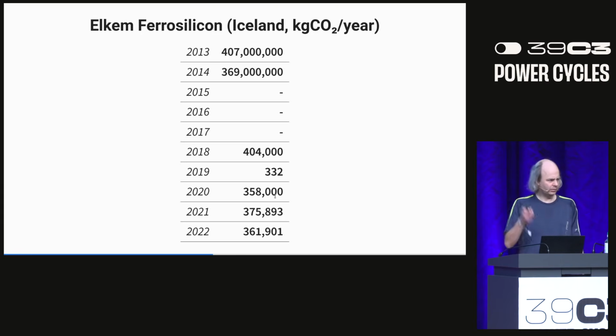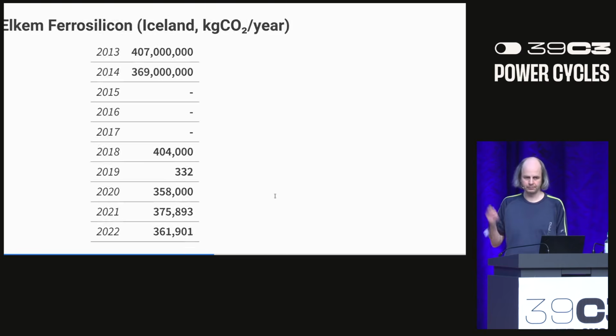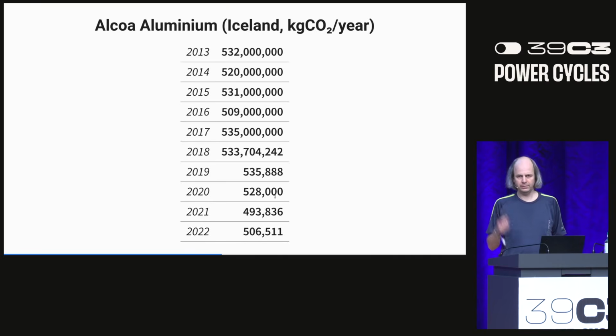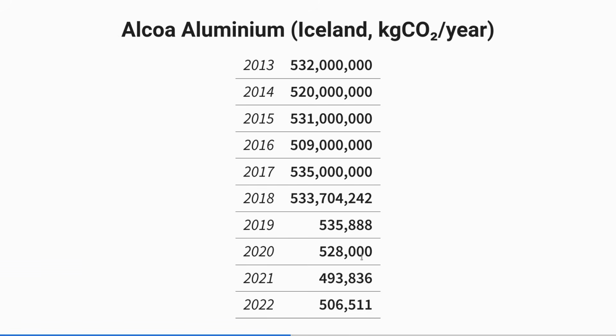And I looked at other places in Iceland, other factories. This is an aluminum plant. This is the largest factory in Iceland at all, and also the largest CO2 emitter. And you see something very similar.